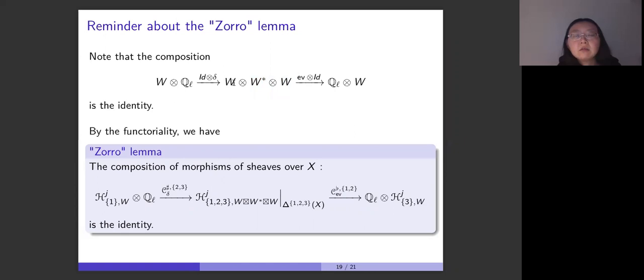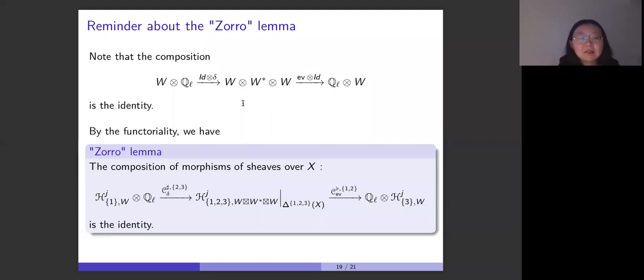And then we apply evaluation for the first one and second one. We arrive at QL, and for the third one, it's an identity. So it looks like a Zorro, and the composition of this is identity.